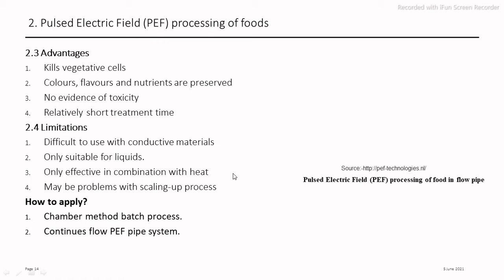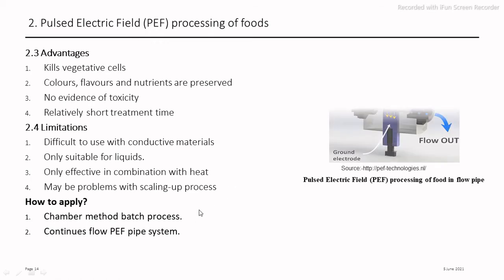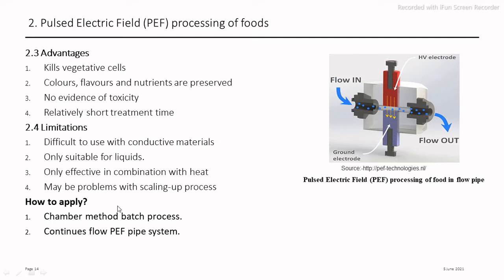How to apply the pulsed electrical field during food processing? There are two methods. First is the chamber method, the batch process, in which the liquid foods in the batch are given the pulsed electric field.